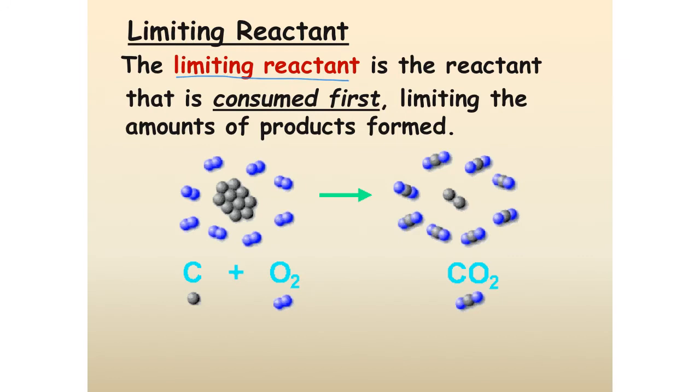So, if we take a look at this picture here, we have carbon plus oxygen gas makes carbon dioxide gas. So if you count up what is in here, we have 1, 2, 3, 4, 5, 6, 7, 8.